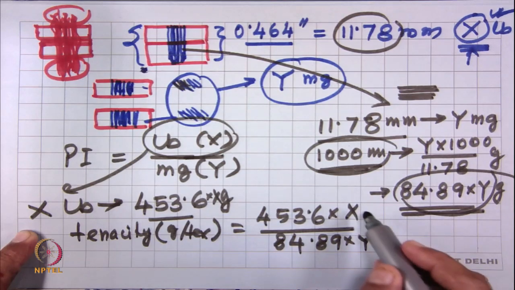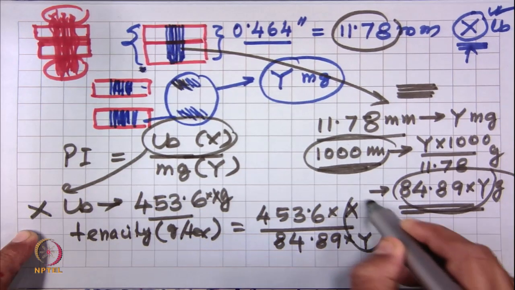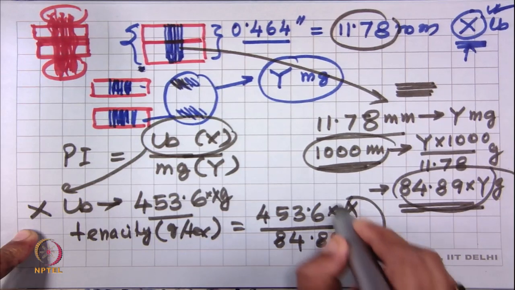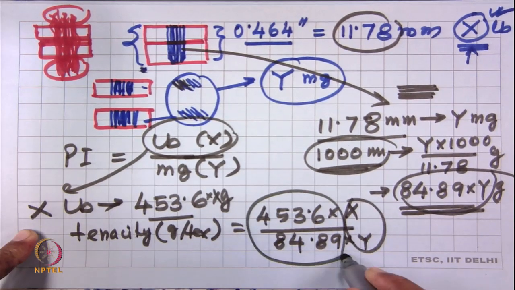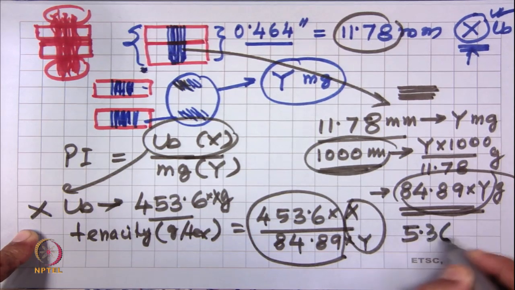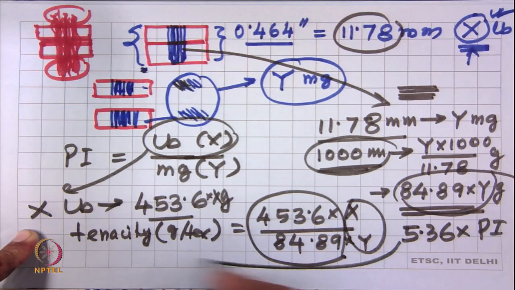That means x by y actually was the Presley index. Now, if we see this value, this is nothing but 5.36 into x by Presley index. So, this is the tenacity.